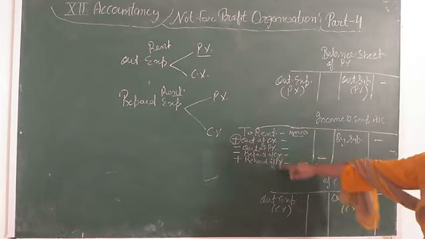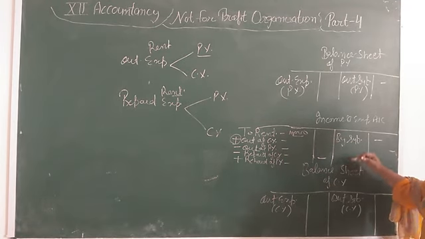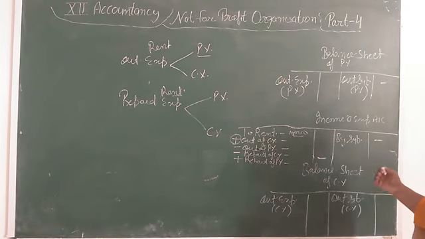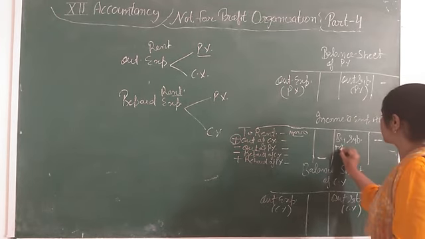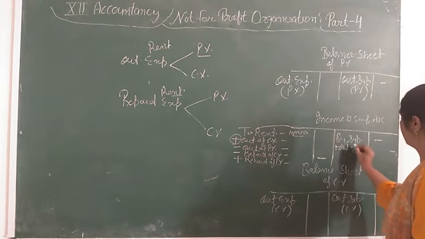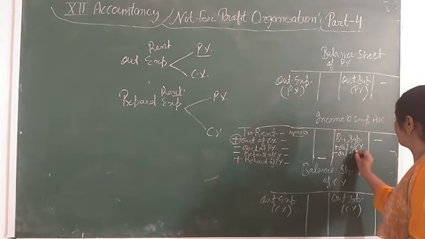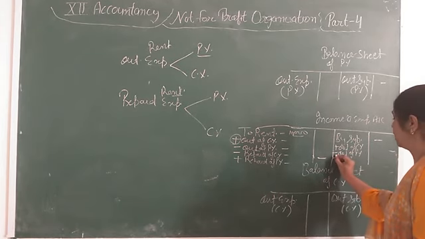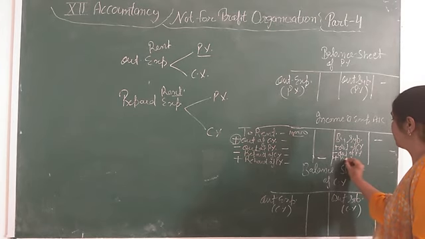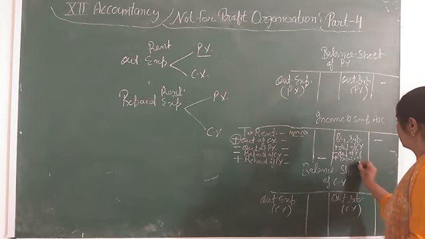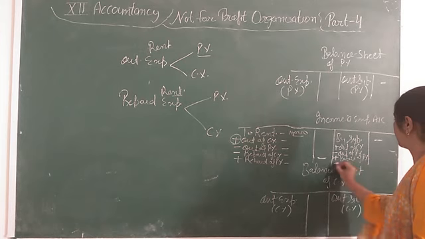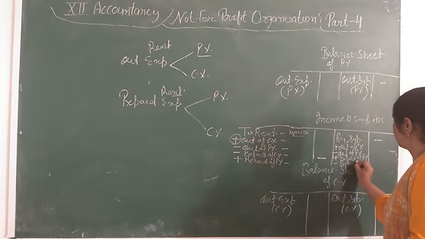Same as this, we have to add and minus. But sometimes "as on" or "for" is given, and that is different, some complication. That's why I have told you to use the subscription account. Otherwise, you can do subscription like this: plus outstanding of the current year, minus outstanding of the previous year, plus prepaid of the previous year and minus prepaid of the current year.